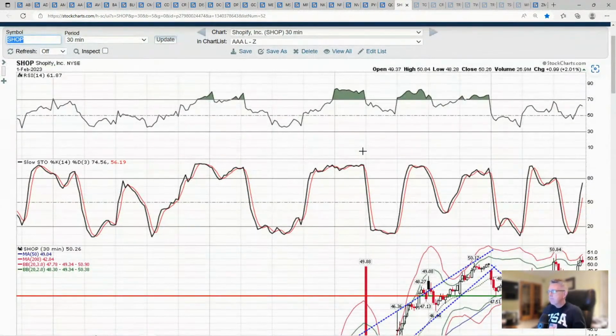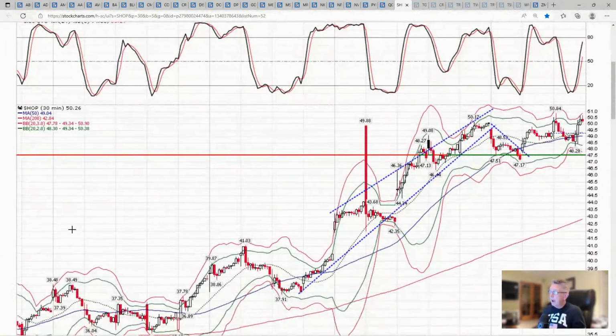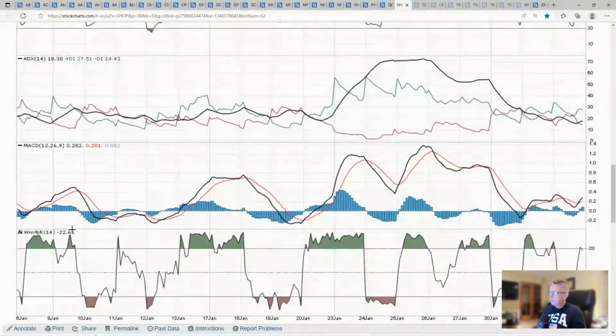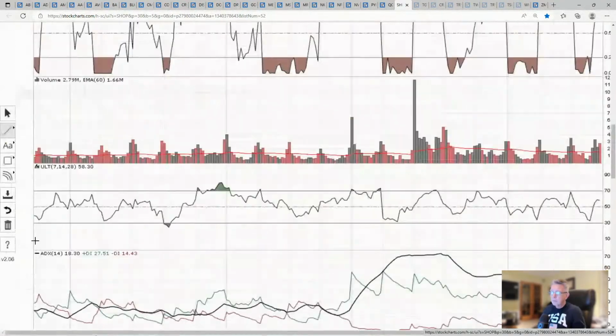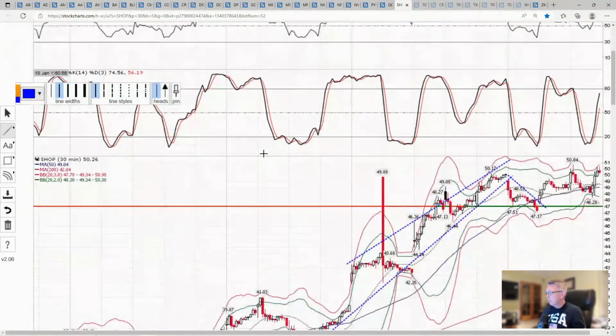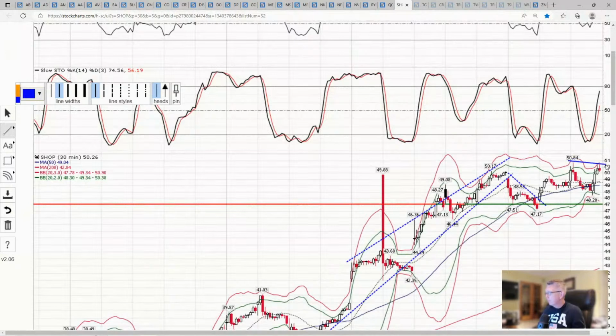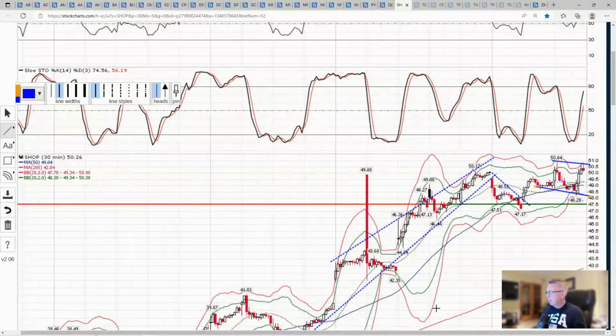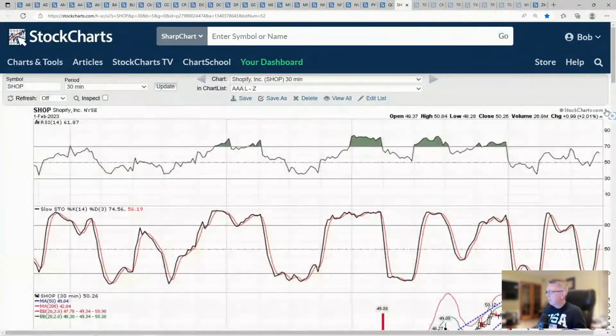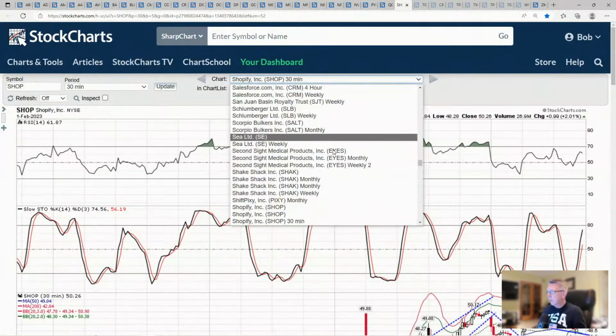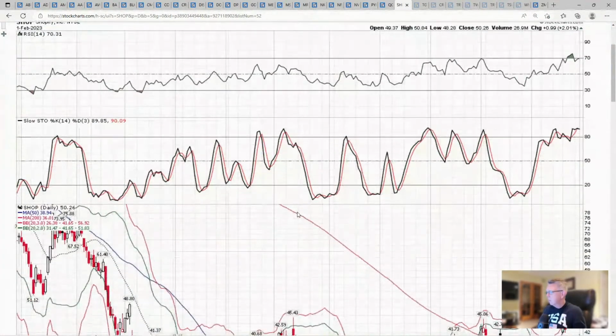Shopify, on the verge of a breakout. I'd be a buyer of the breakout. Little bull flag setup going there. Let's make sure the daily chart looks good.